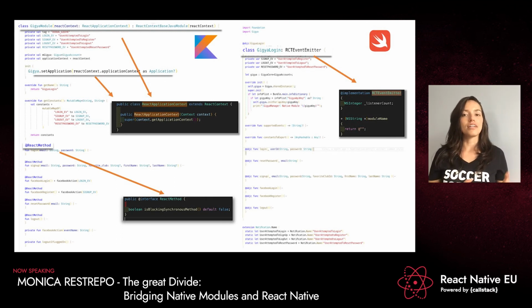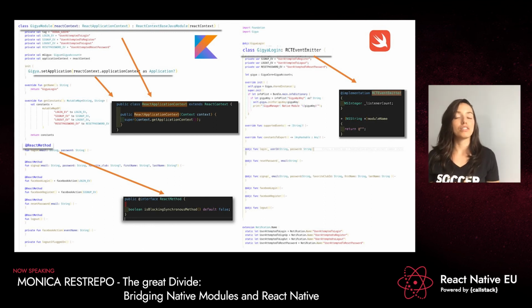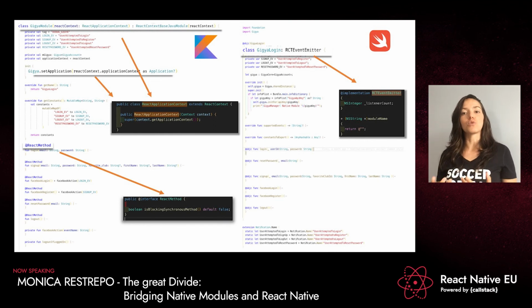On the Kotlin side, as you can see here, there are two basic functions being called from the Kotlin side to the React Native side. One of them is the React application context, which serves as a wrapper to verify that the application context is passed as a param.